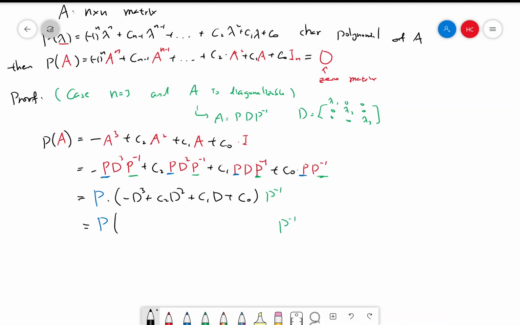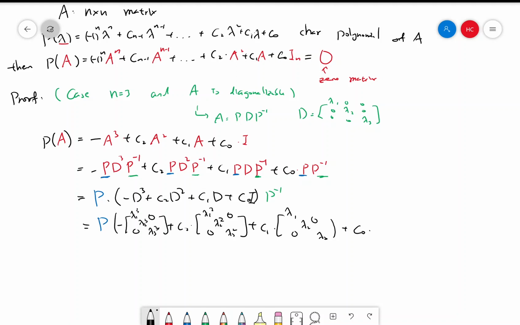We know D cubed is lambda 1 cubed, lambda 2 cubed, lambda 3 cubed. C2 D squared is lambda 1 squared, lambda 2 squared, lambda 3 squared. And D is lambda 1, lambda 2, lambda 3. Oh, I forgot I here. This is very important. There's an I here. So C0 times I, which is 1, 1, 1, times P inverse.